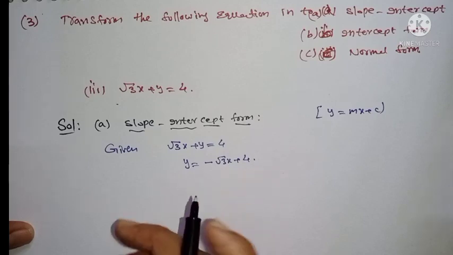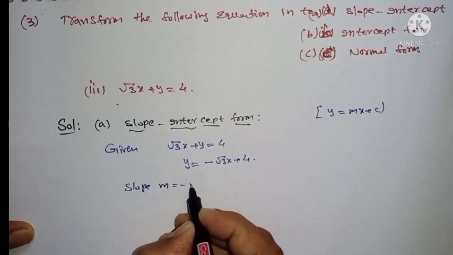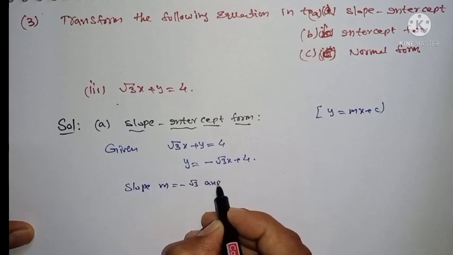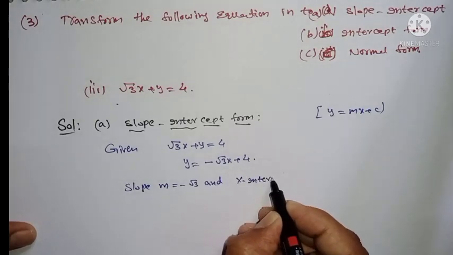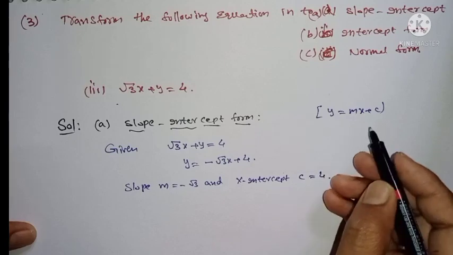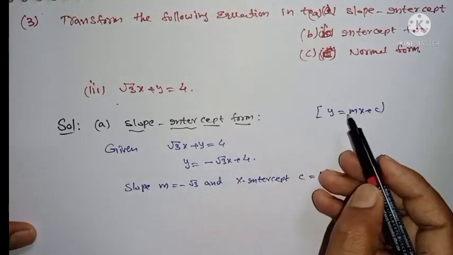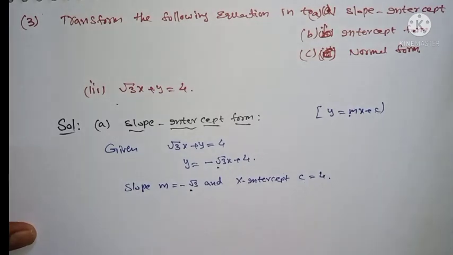Therefore the slope m is equal to minus root 3 and the y intercept c is equal to 4, in the y is equal to mx plus c form. First is completed.